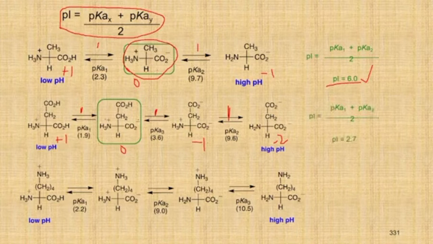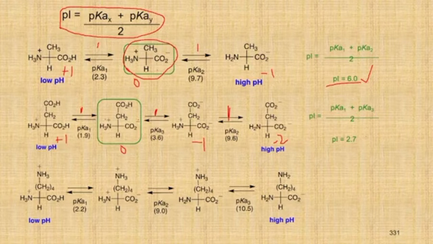So what is our pI now? Our pI is the pKa of the first carboxyl group and pKa of the second carboxyl group in that amino acid, the average sum.